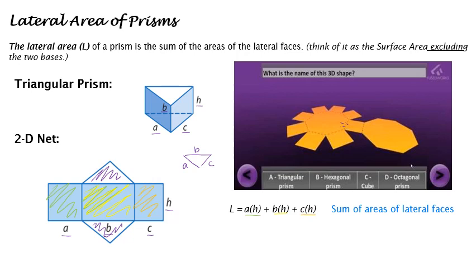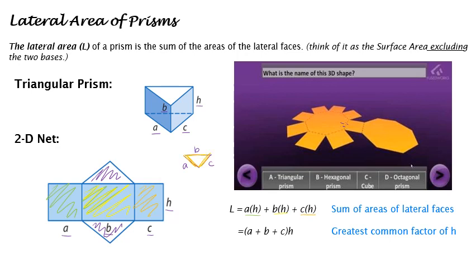But we can actually simplify this a little bit. Notice that H is a common factor amongst all of those separate terms, so I can factor that out. I can rewrite this as A plus B plus C, times H. Well, A plus B plus C is my perimeter of my base.